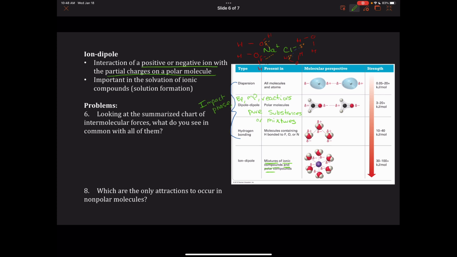So if we look at all of these intermolecular forces, what they all have in common is attraction of partial charges. Out of all of these forces, the only attractions to occur in nonpolar molecules are going to be dispersion forces.